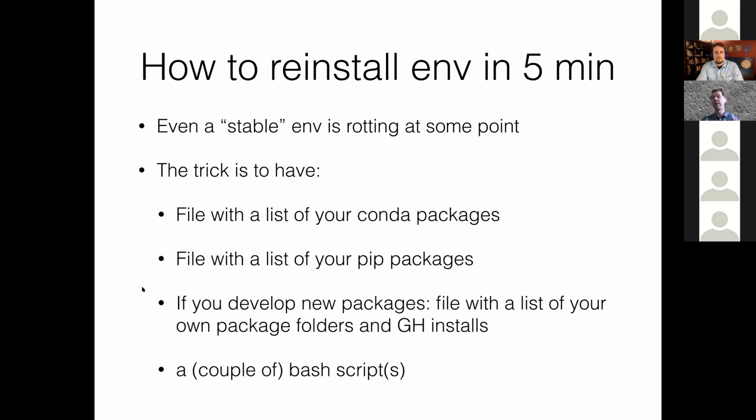And then I have a little script that goes through all my libraries that I developed myself that I need to be known in that environment as well. So 3 things: conda packages, pip packages, and the folders that pip should go through to install my private packages.